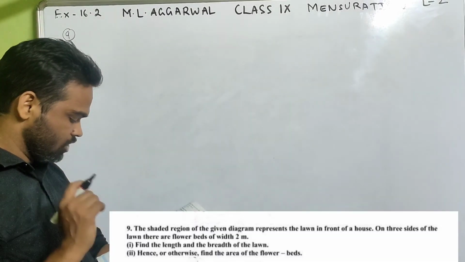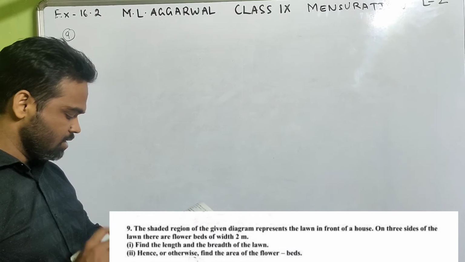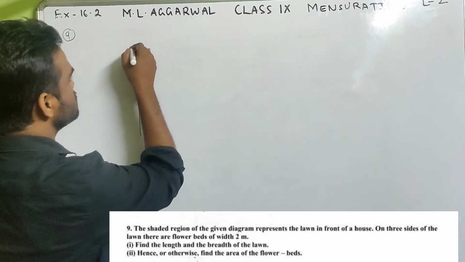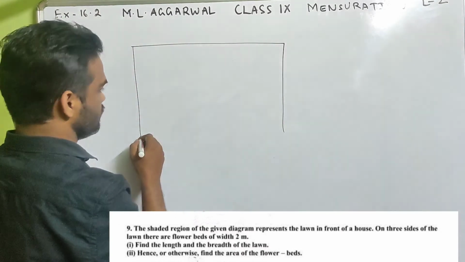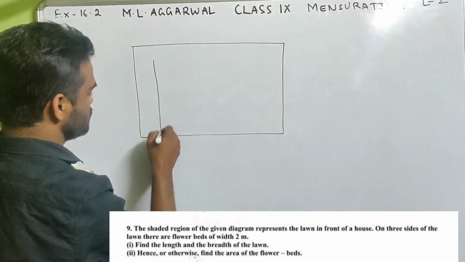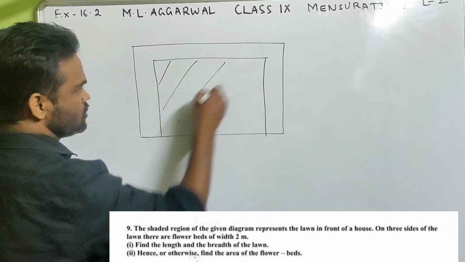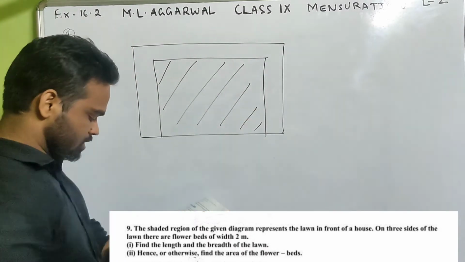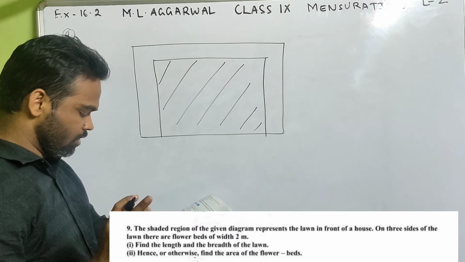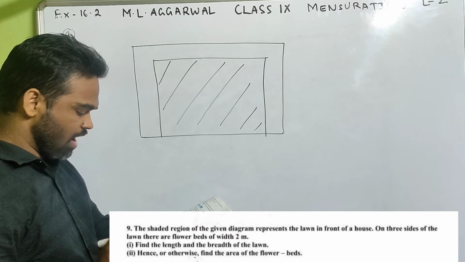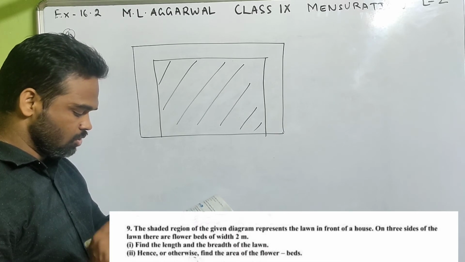Now look at number 9. The shaded region of the given diagram represents the lawn in front of a house. So this is a diagram which they have given. This is your shaded region. Okay, this region is the shaded region, which represents the lawn in front of a house. On 3 sides of the lawn, there are flower beds of width 2 meter.